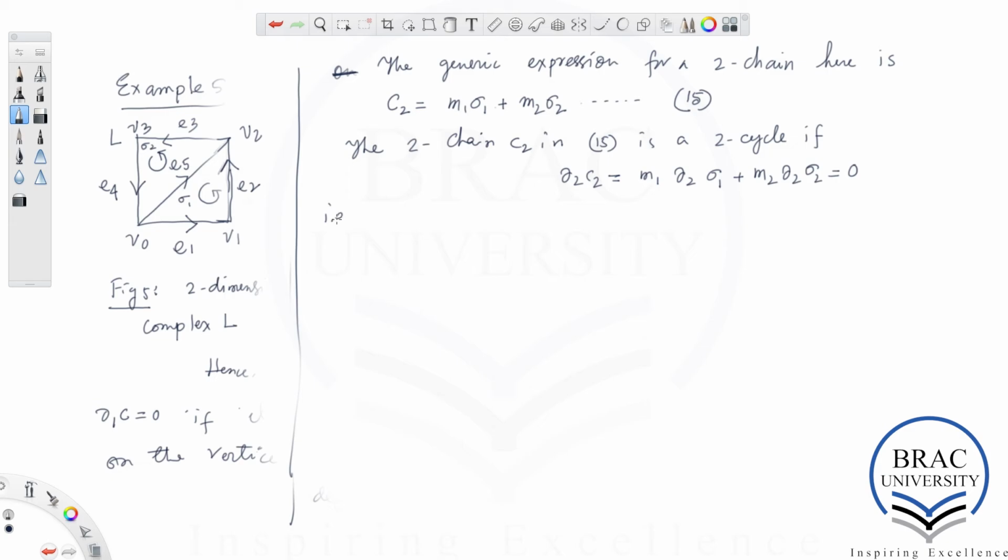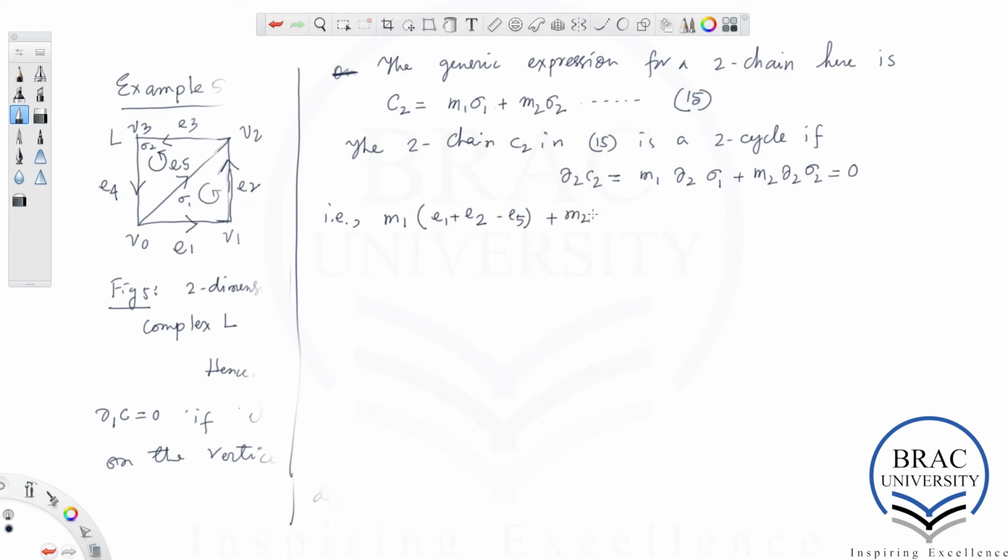That is, we take the boundary of sigma 1, which is E1 plus E2 minus E5, right?